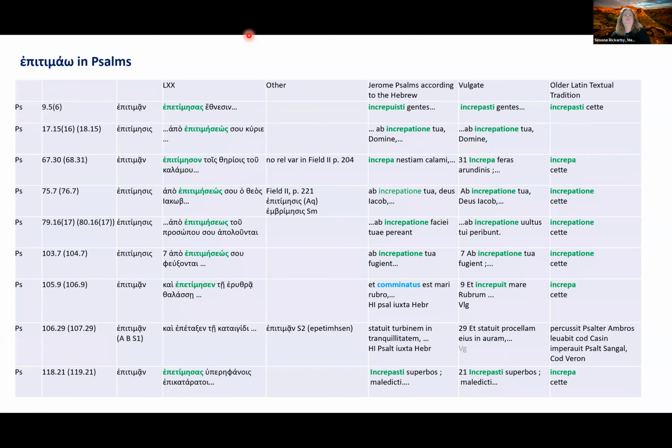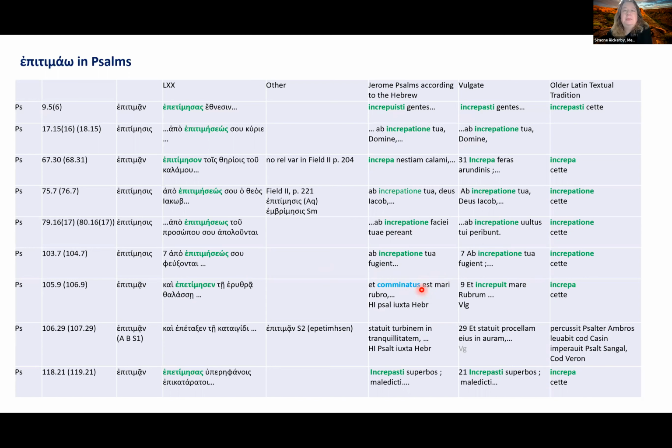In Psalms, we find increpare for epitomao across almost the whole Latin tradition, including Jerome's Psalms according to the Hebrew. So here, they're all the same readings, except for comminatus, here in blue, in Psalm 105.